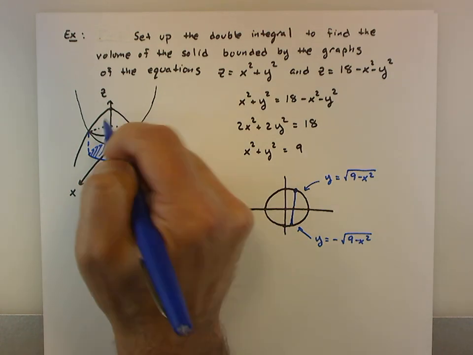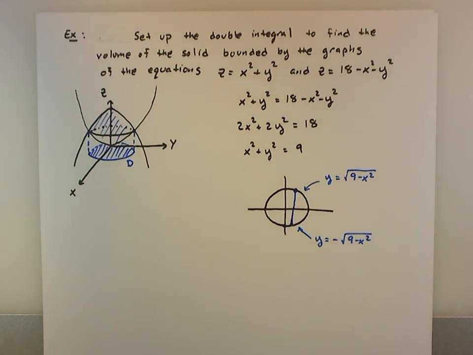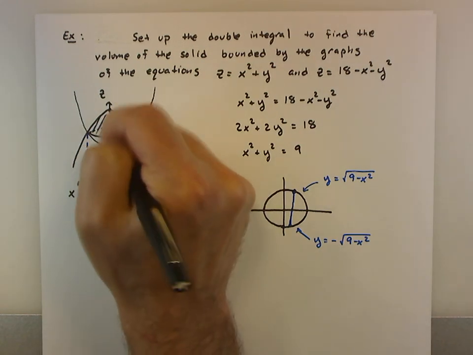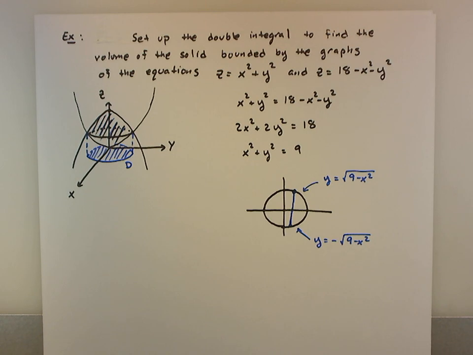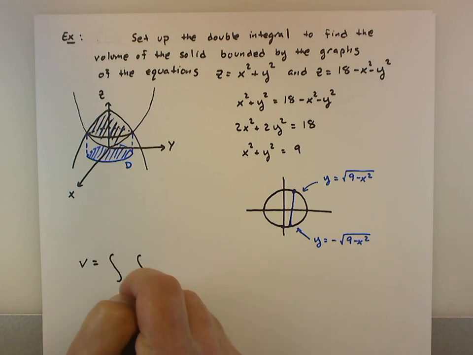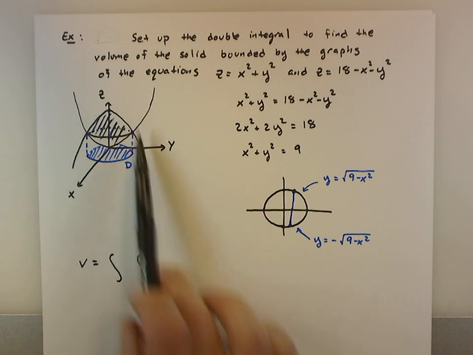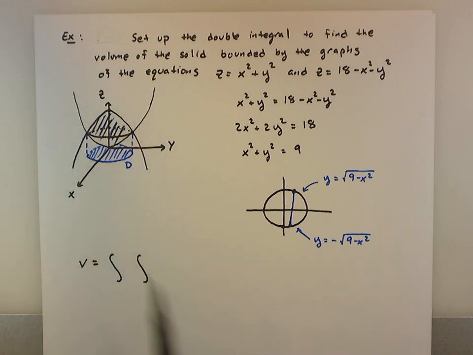So the volume of that region is equal to the double integral of the top function or the top curve minus the bottom curve.